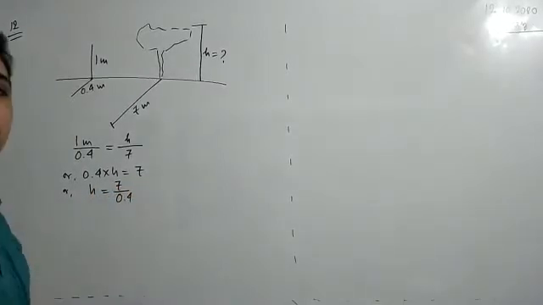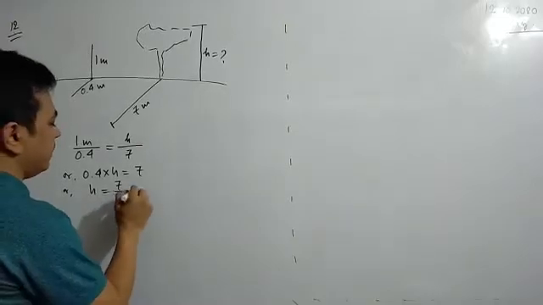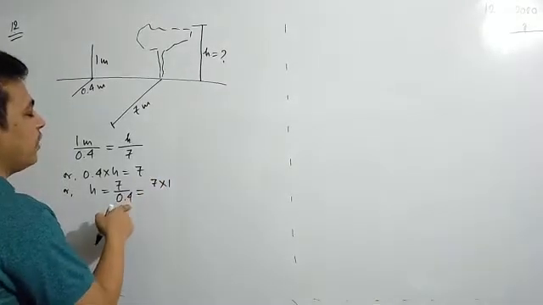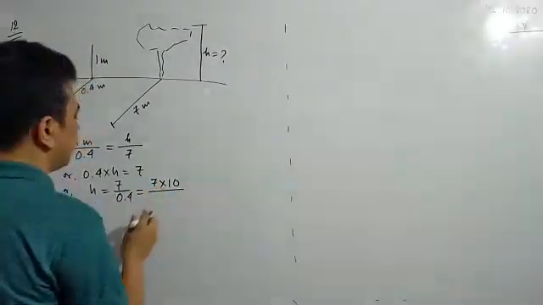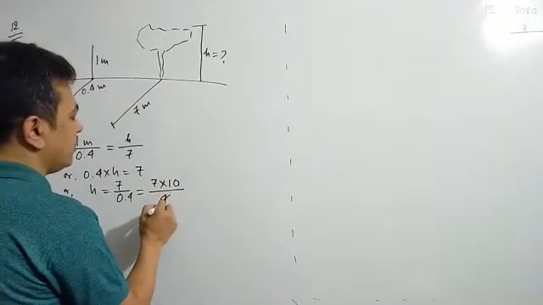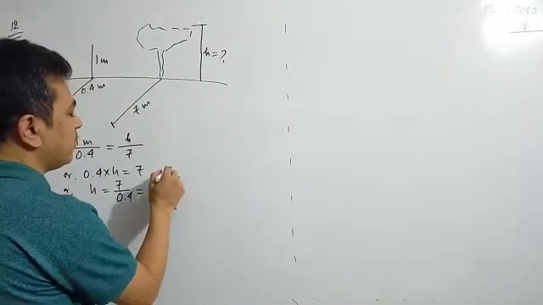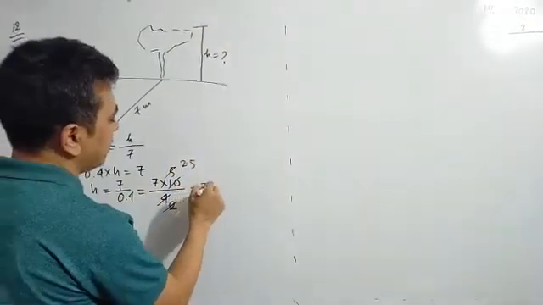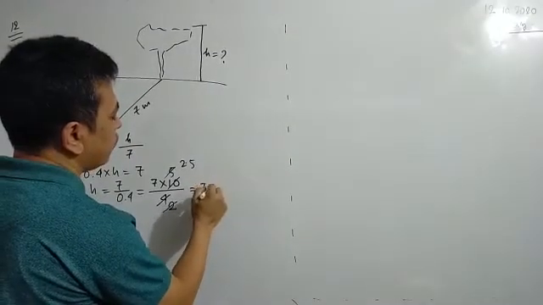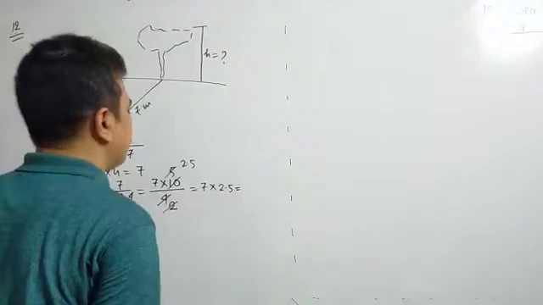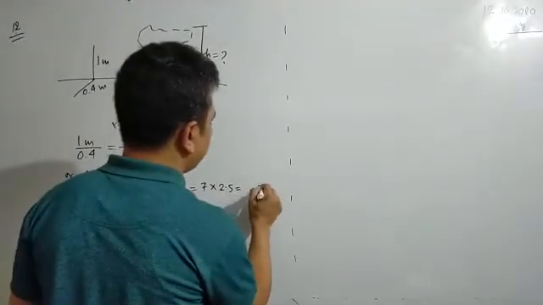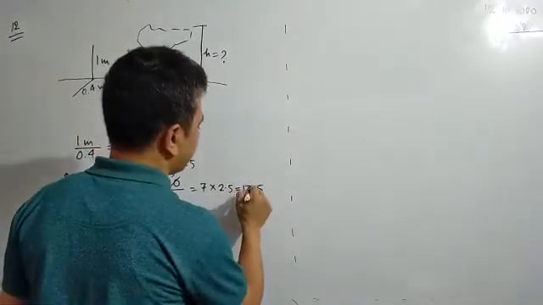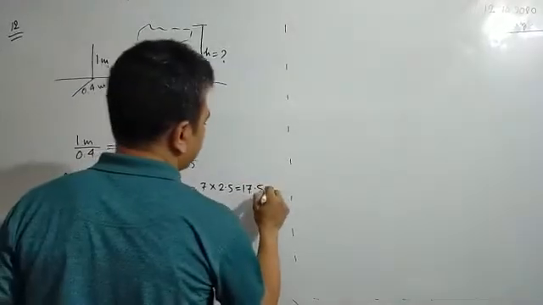You know how to remove the decimal point. So 7 into 10 divided by 4, which is 7 into 2.5, which gives 17.5 meter.